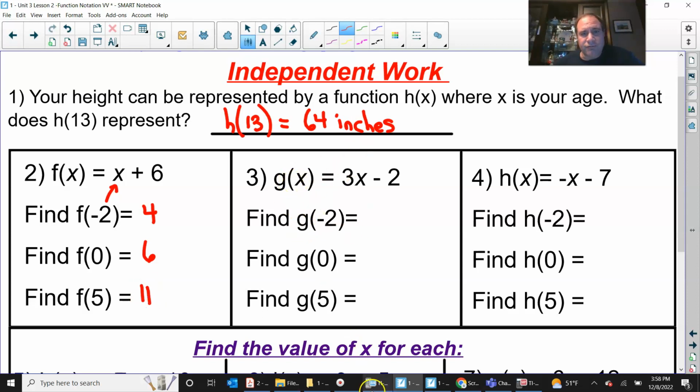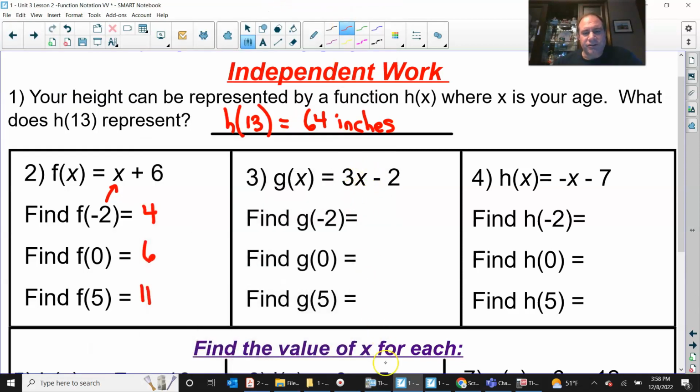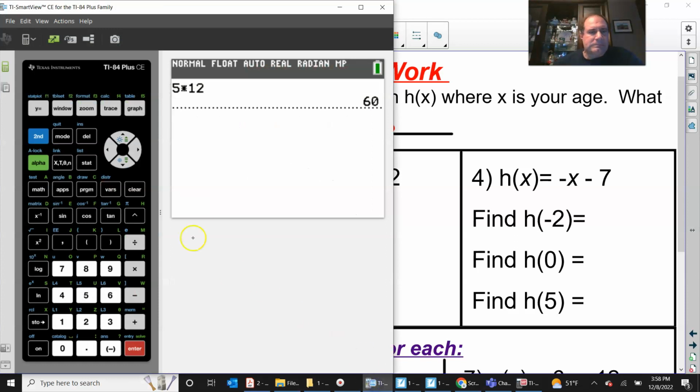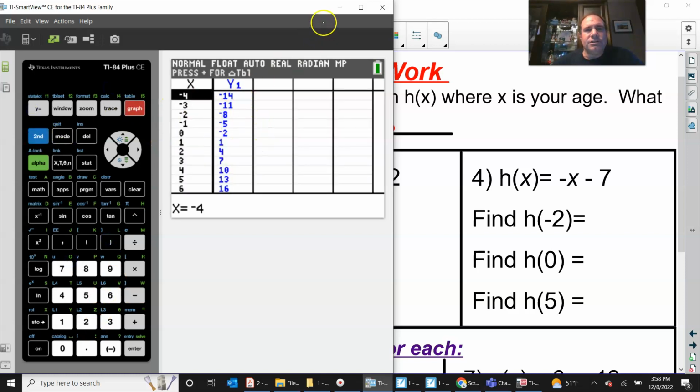G of x. Now, just remember, this g of x is 3x minus 2. If you don't want to worry about anything, you could just go and get the list of values right there.